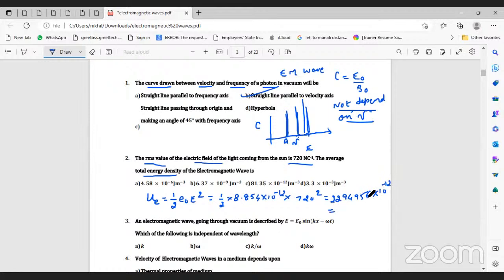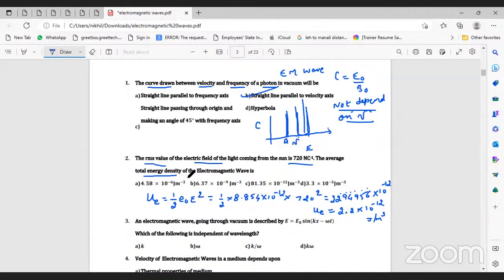This can be taken as approximately 2.2 into 10 power minus 12. So it is the average energy density, energy per unit volume, so joule per meter cube. So this is the energy density because of the electric field.